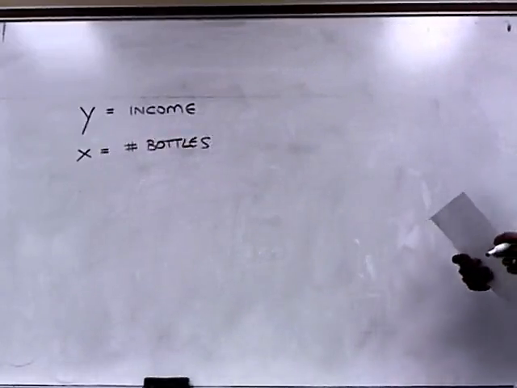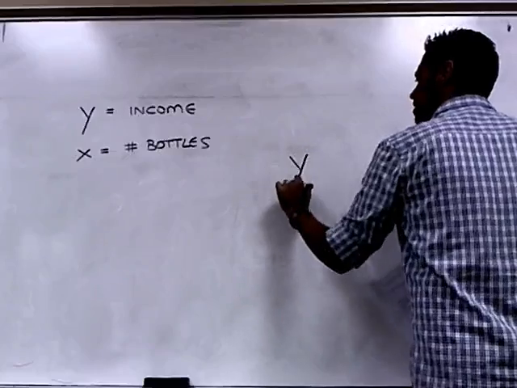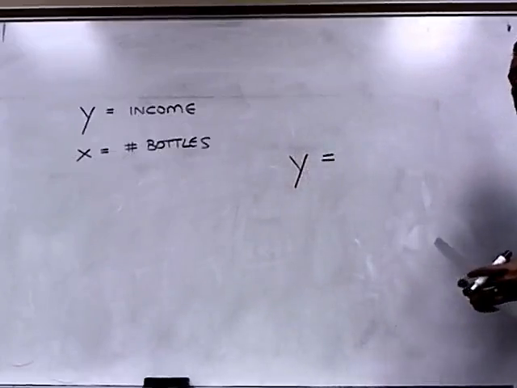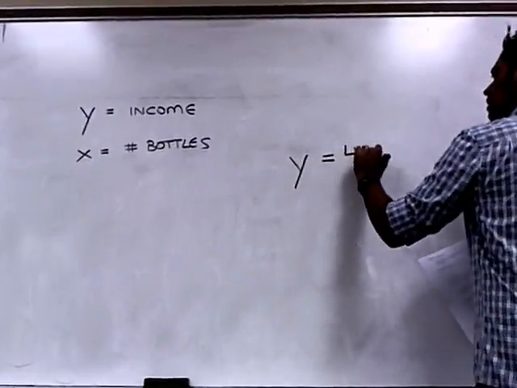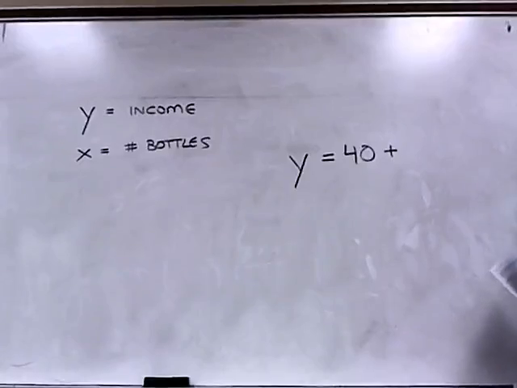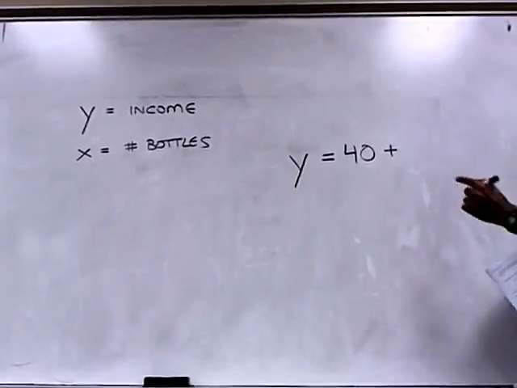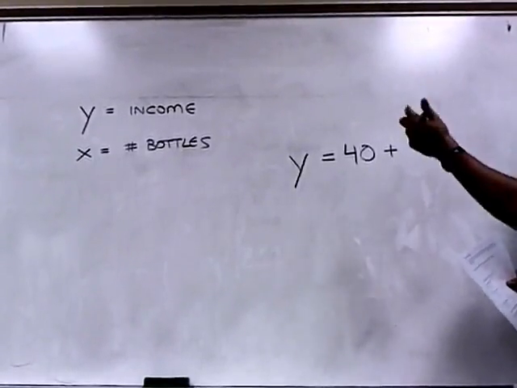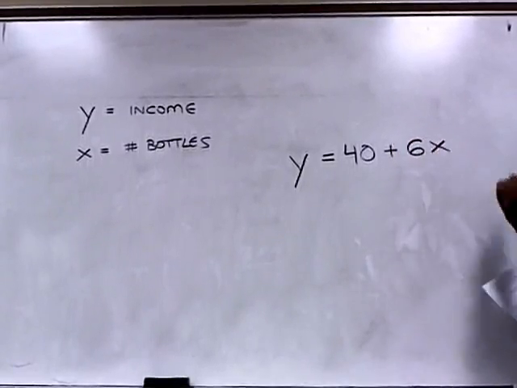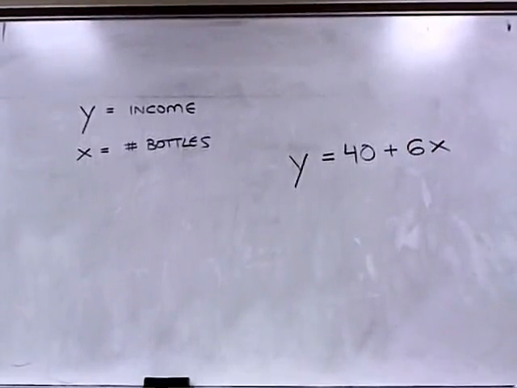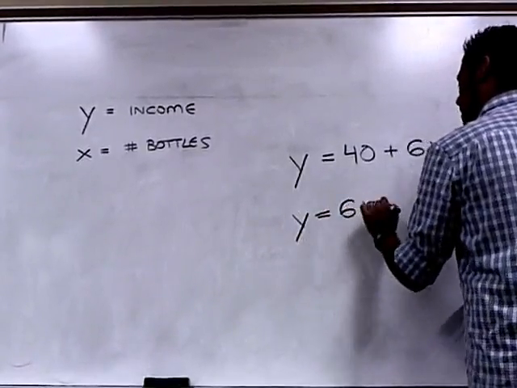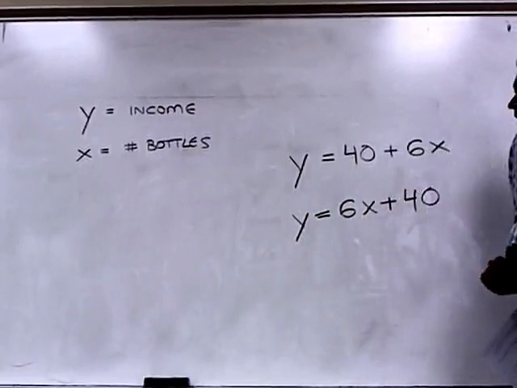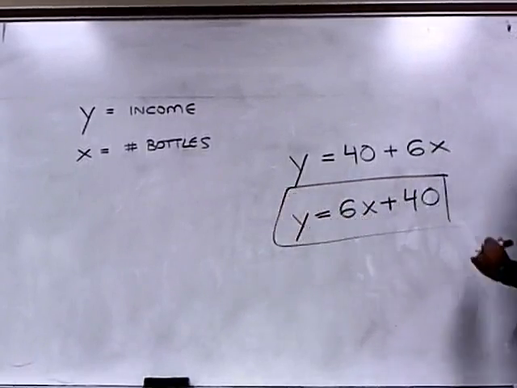Then Y is equal to, well, how much does she make per day? $40 plus $6 per bottle. So if she sells one bottle, it's 6, 2 bottles, it's 12. So this should be 6x, shouldn't it? And then just rewrite it as y = mx + b. And you have a linear equation, don't you?